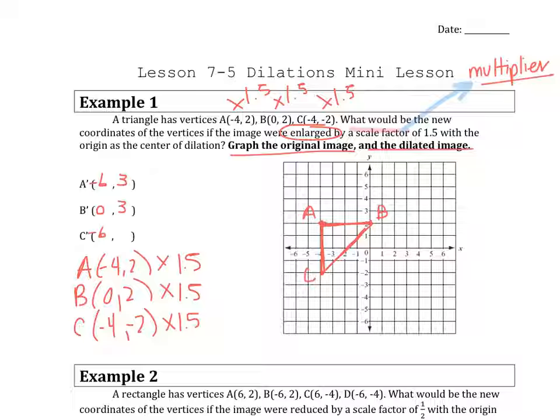I'm going to use a new color for our new drawing. I'm going to graph it as well. -6, 3. Be here, A. New A. That little hash mark just means it's the new A. 0, 3 is the new B. And the new C is at -6, -3. 1, 2, 3.